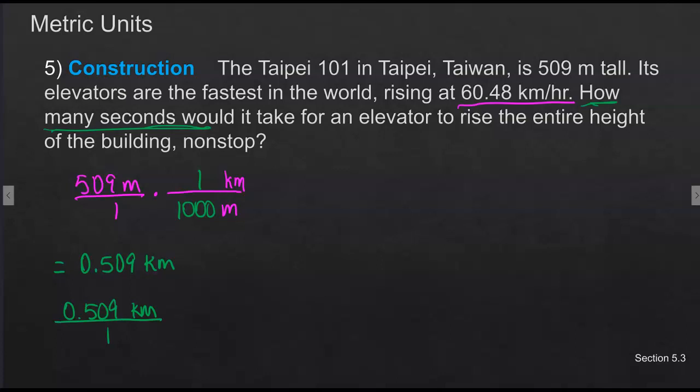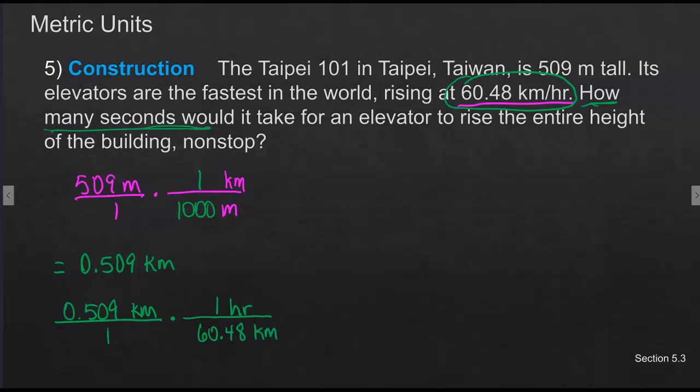And it's weird here. This is actually one of your conversion factors, because for this particular elevator, in 1 hour, it's 60.48 kilometers in 1 hour. Now we have to set it up a little bit differently, because we have to put the kilometers on the bottom so we can cancel those out.